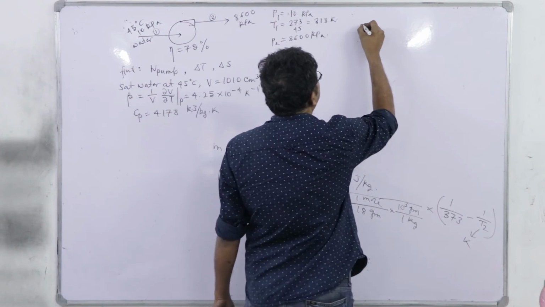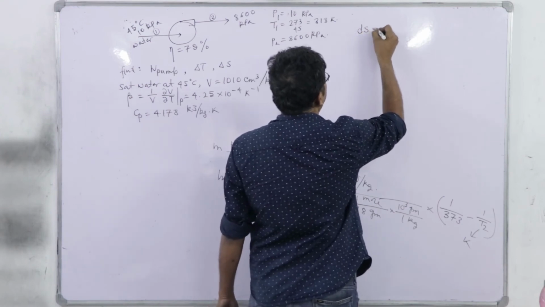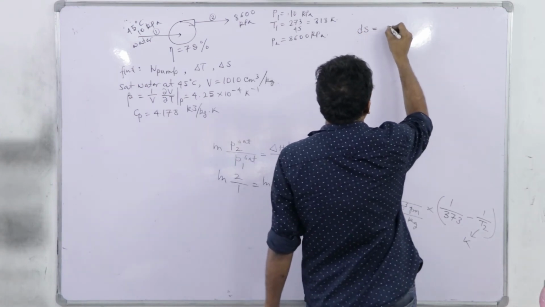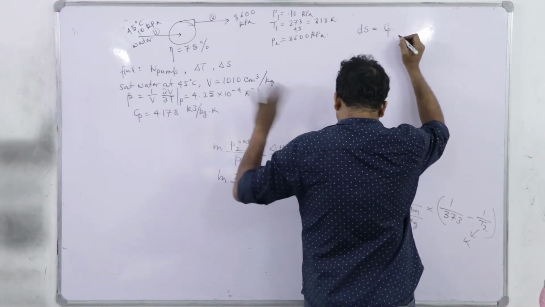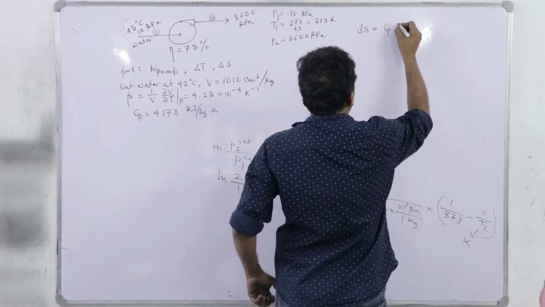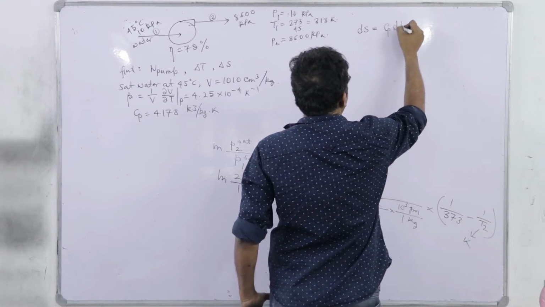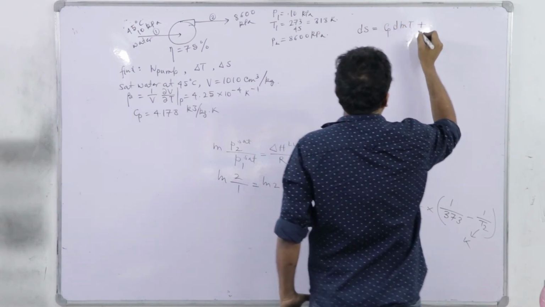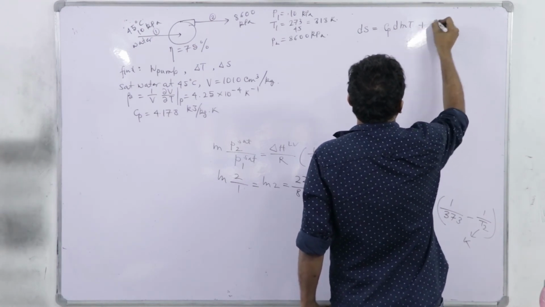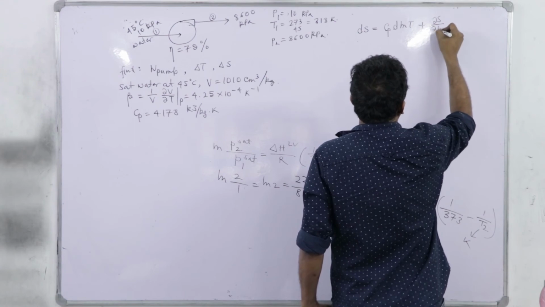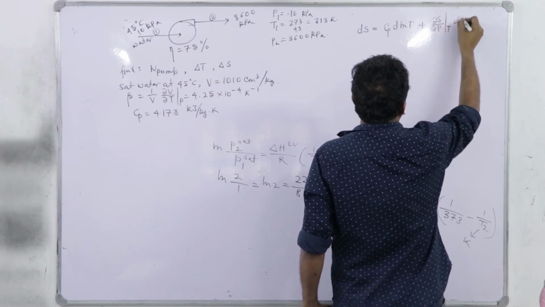So, dS equal to Cp, I do not know any formula right now, so we will derive. Cp d ln T plus del S del P at constant T dP.